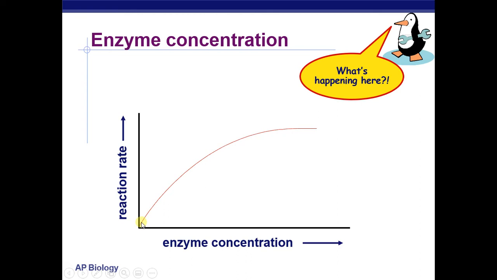It seems that the reaction rate is kind of exponentially increasing, and then as the concentration gets higher, it starts to plateau. And so we're going to talk about that.